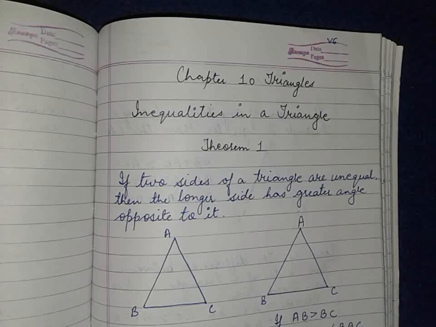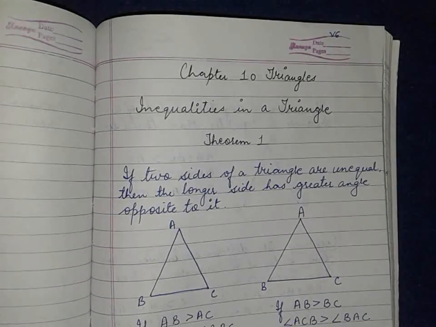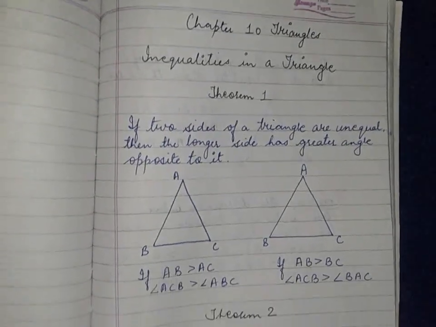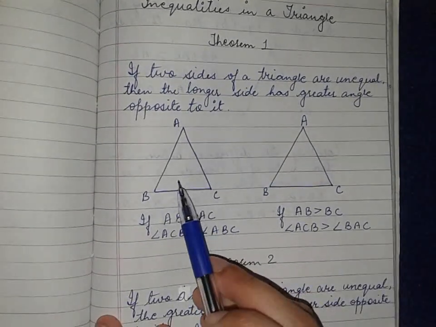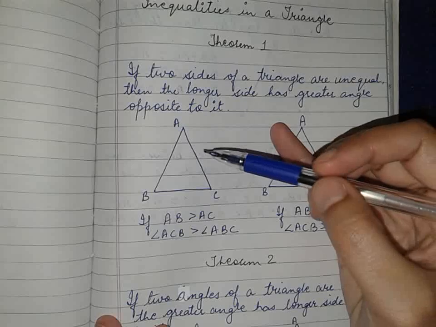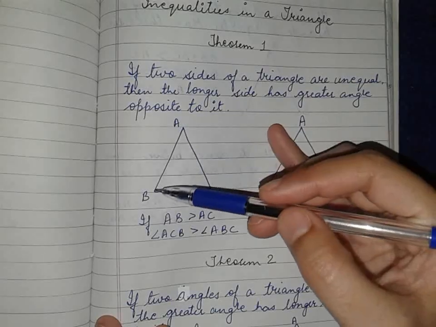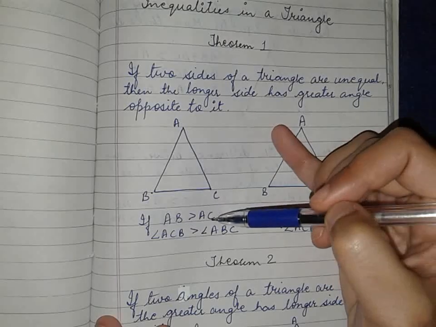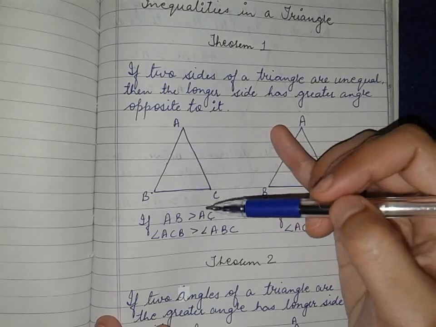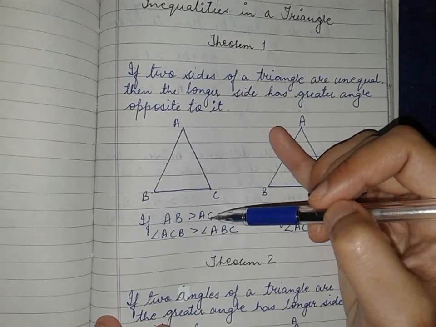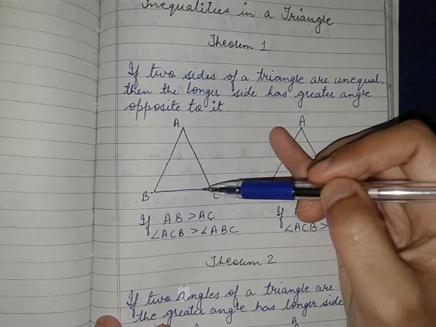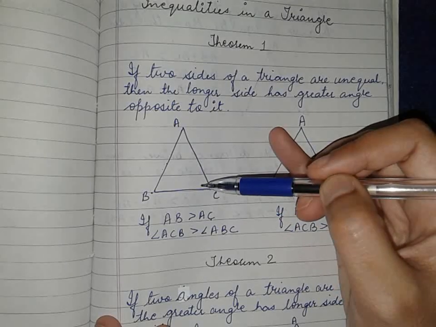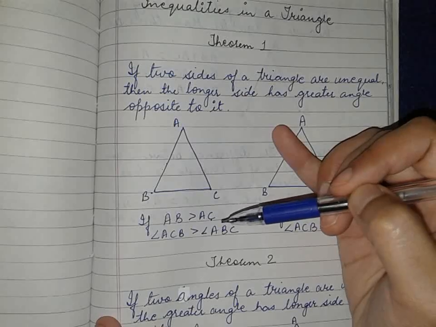First theorem is, if two sides of a triangle are unequal, then the longer side has greater angle opposite to it. What does it mean? We have a triangle ABC. If in this triangle side AB is greater than AC, means the length of AB is more than AC, then angle opposite to AB will also have a greater value than angle opposite to AC.